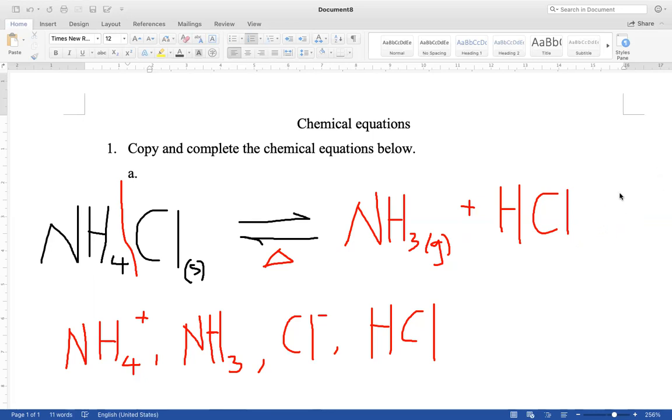As a result, what we are going to have here is a gas. This gaseous form of HCl is not hydrochloric acid, but hydrogen chloride.